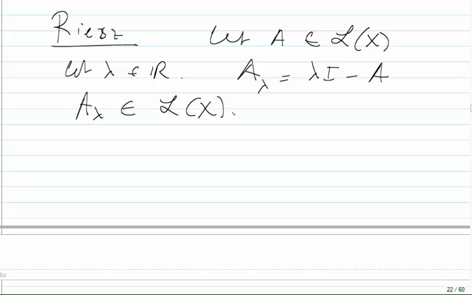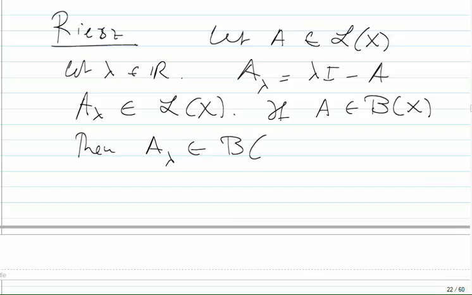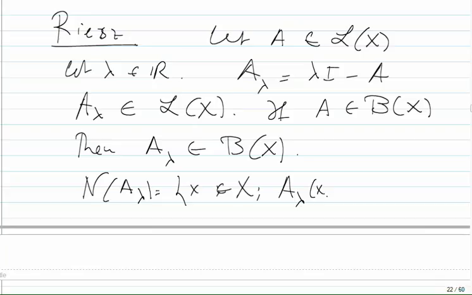Okay? And in case A is bounded, then A_lambda is also a bounded linear operator. Now if you look at the null space of A_lambda, it is the set of X in X such that A_lambda of X is equal to 0.